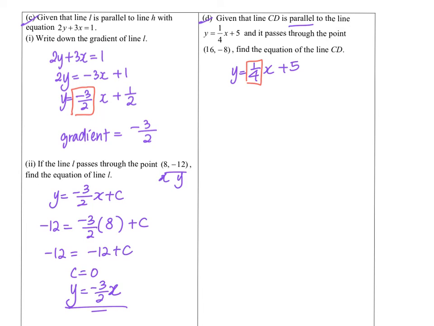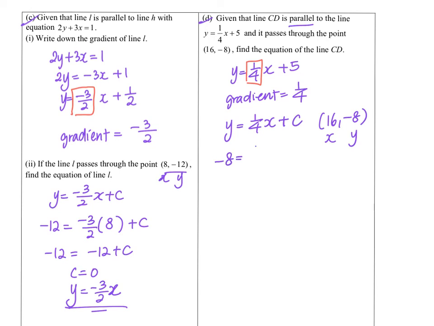So we know the gradient is 1 over 4. Now we can start to find the equation of our line. We will have y equals 1 over 4 x plus c. Now how do I find the y-intercept? I'm given the following point. So x equals 16, y equals negative 8.